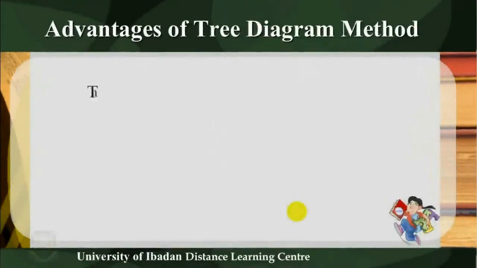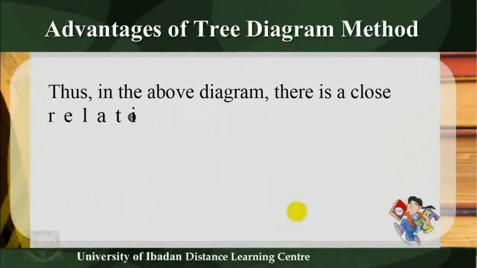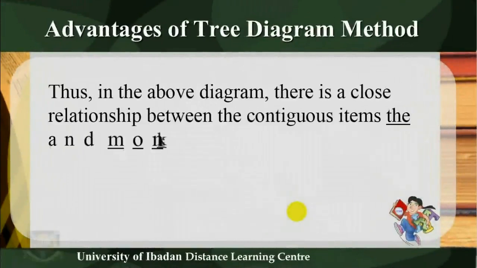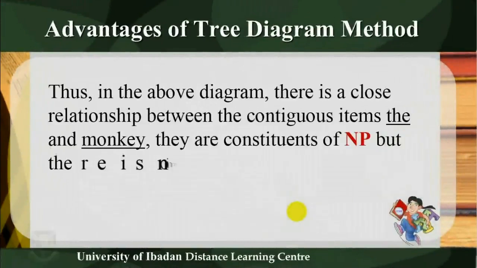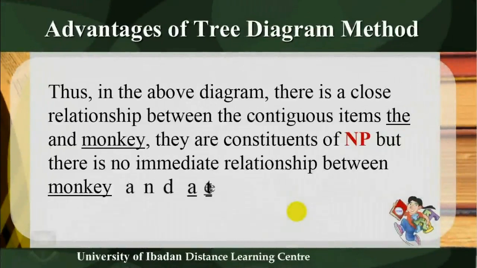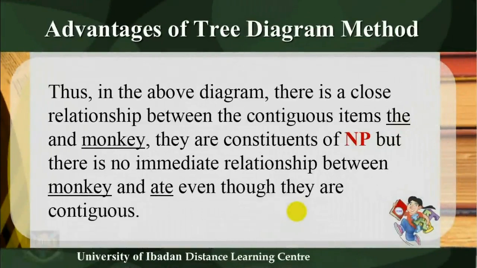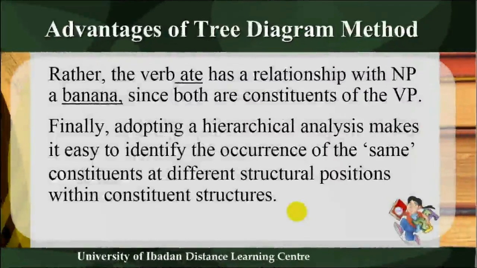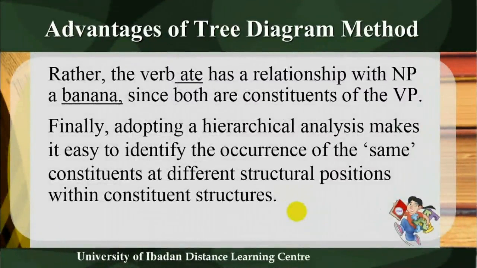Thus, in the above diagram, there is a close relationship between the contiguous items the and monkey. They are constituents of NP, but there is no immediate relationship between monkey and ate, even though they are contiguous. Rather, the verb ate has a relationship with NP, a banana, since both are constituents of the VP.